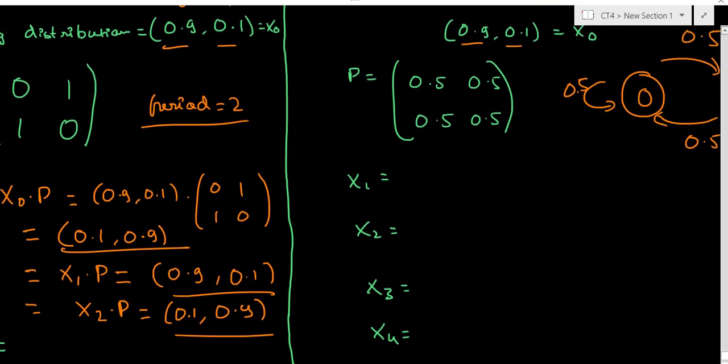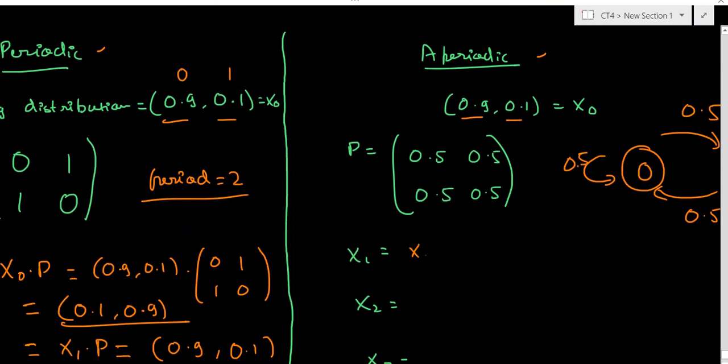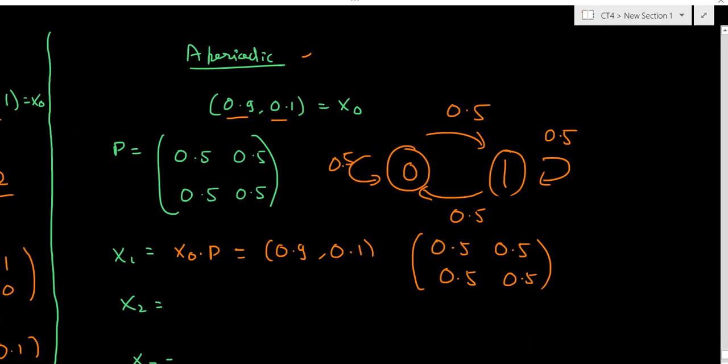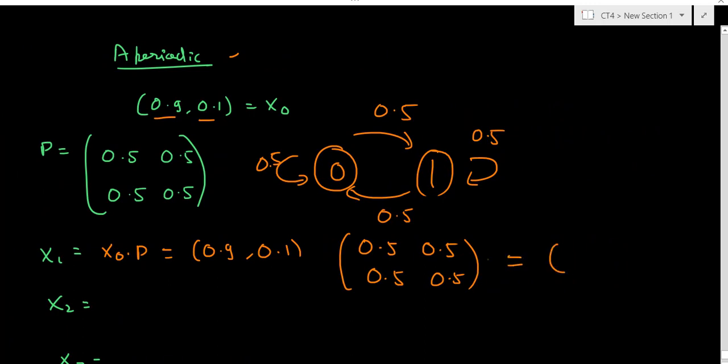Whereas in this case, x1 would be equal to x0 into p. So that would be 0.9, 0.1 into 0.5, 0.5, 0.5 and 0.5. If I check this, 0.9 into 0.5 is 0.45 plus 0.1 into 0.5 is 0.05.